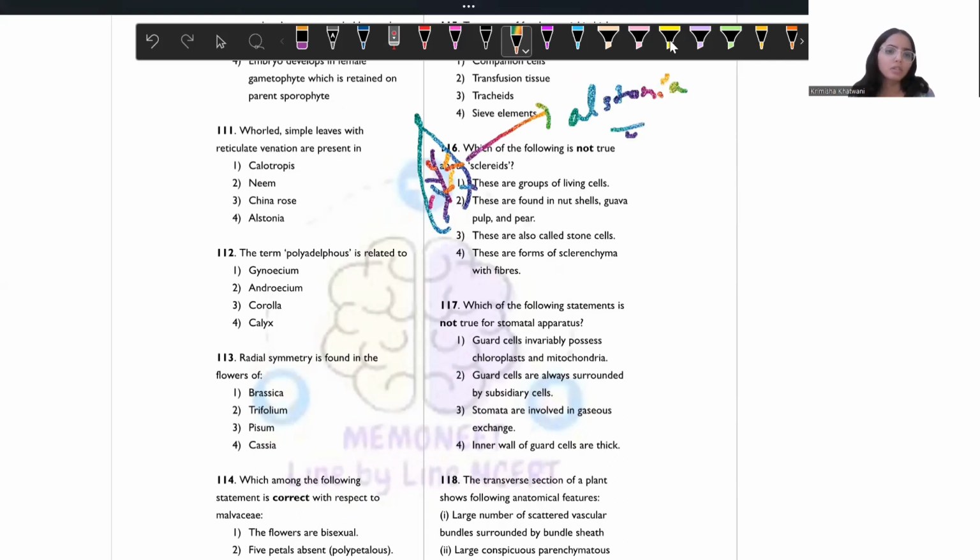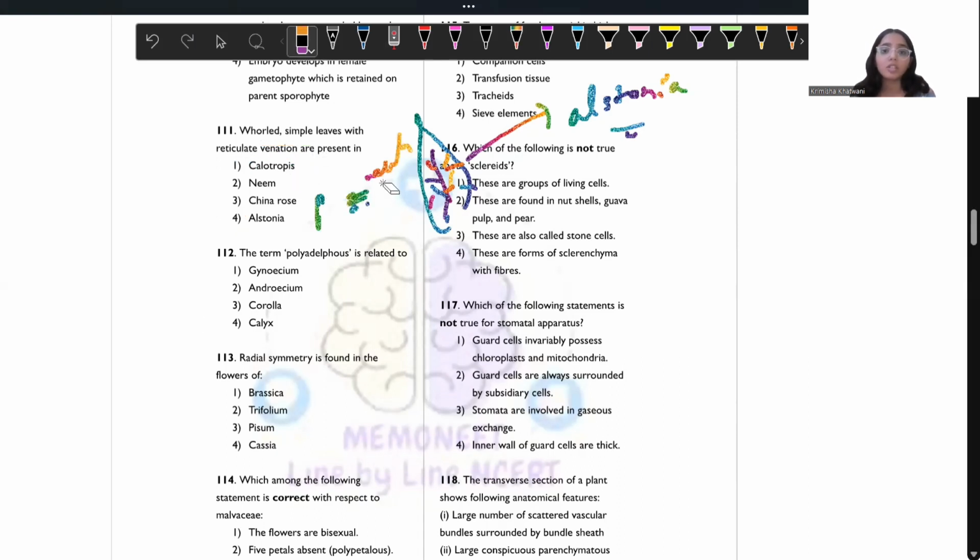This is very simple. There's no explanation here. You should just know the fact. Alstonia has bold, simple, reticulate venation leaves, which are petiolated. Understood? So the answer to question 111 is option number 4.